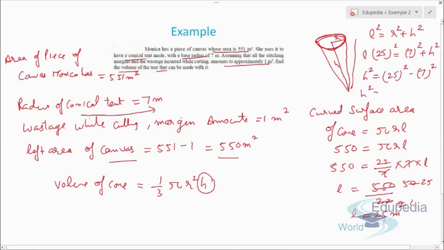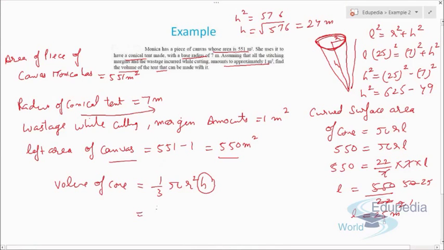So 25 square is 625 minus 49. So when you do this, H square will come out to be 576. So H will be under root of 576, which is 24 meters. So we have height as 24 meters.